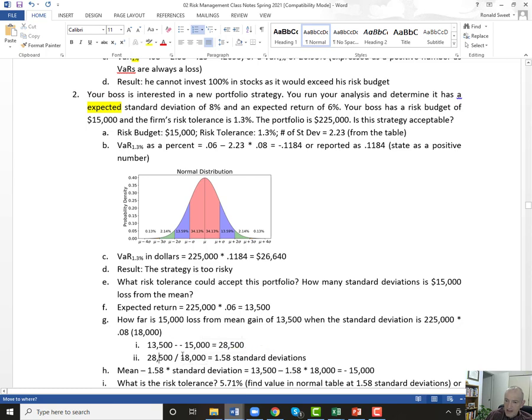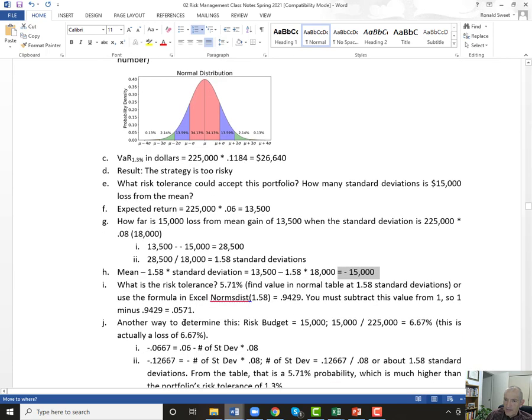So how many standard deviations is 28,500 when your standard deviation is 18,000? That's 1.58. So essentially what we're saying is the mean minus 1.58 times the standard deviation, or 13,500 minus 1.58 standard deviations times the standard deviation of 18,000, is the loss of $15,000.